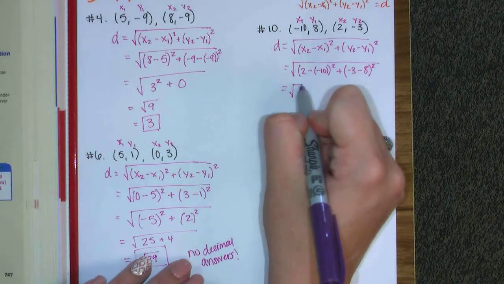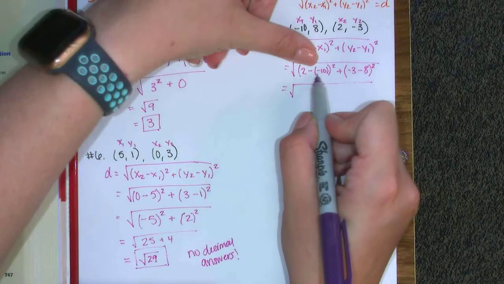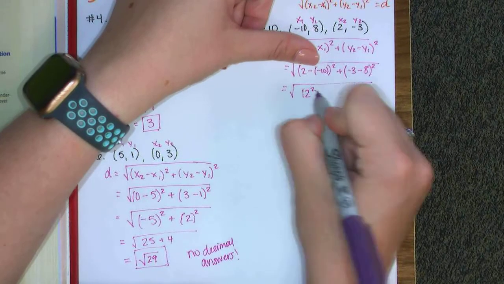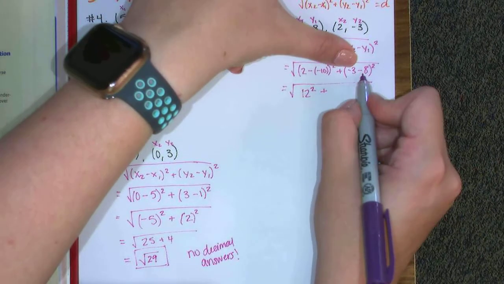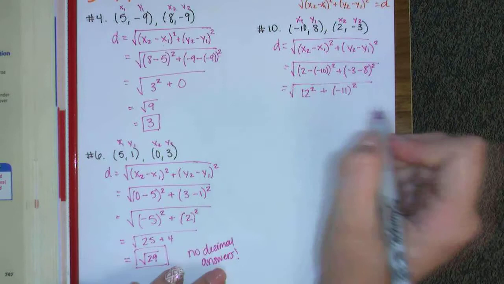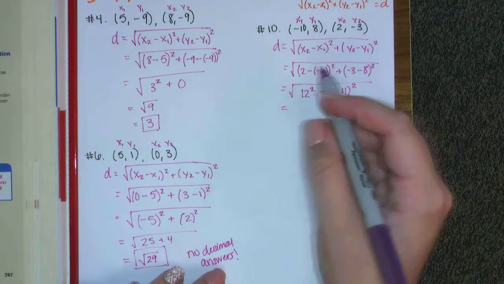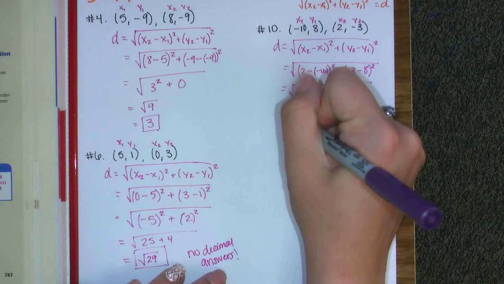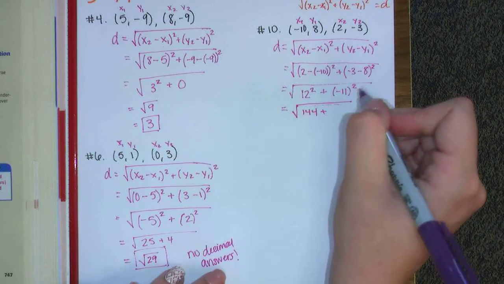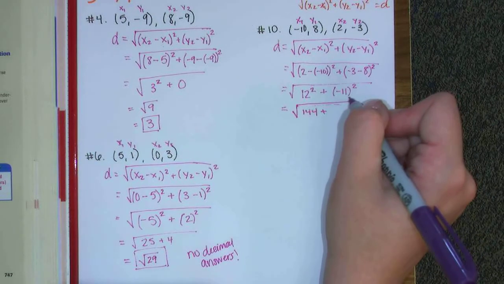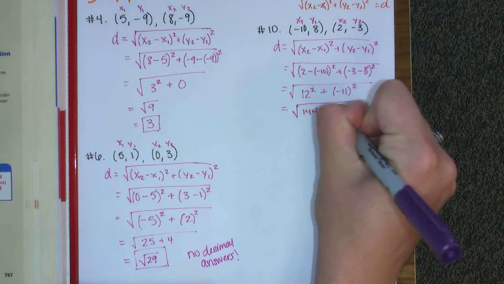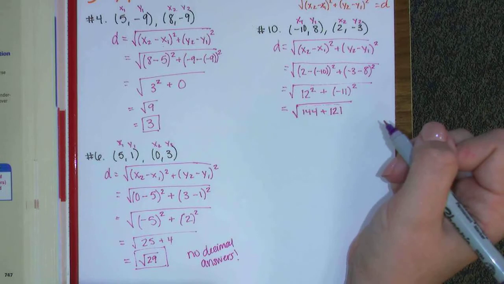Alright, so then I have 2 minus a negative 10, okay, which is 2 plus 10, so this is going to be 12 squared plus negative 3 minus 8 is negative 11 squared. So this ends up being the square root of 12 squared is 144 plus 11 squared is, I always say these wrong, but I'm pretty sure 121 is what I'm looking for. Yeah, 121.